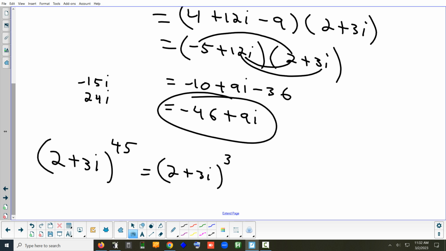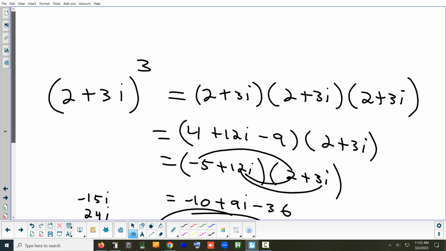So this problem could really turn into this to the 15th power, because we already know 2 plus 3i cubed. So we could use some tricks to simplify it a little bit, but still you're going to end up doing a real lot of FOIL.